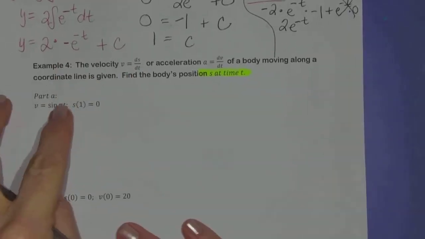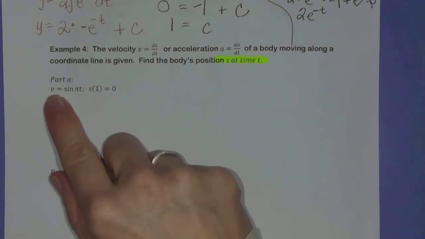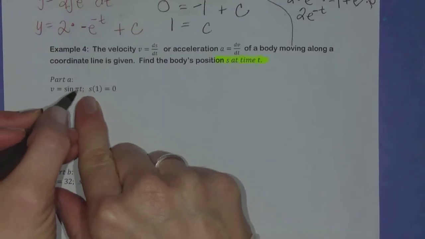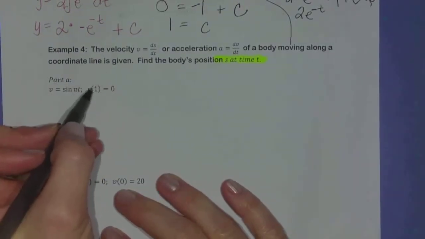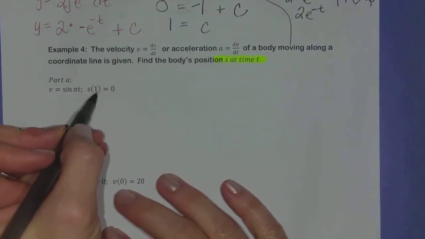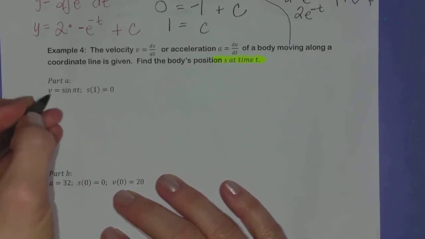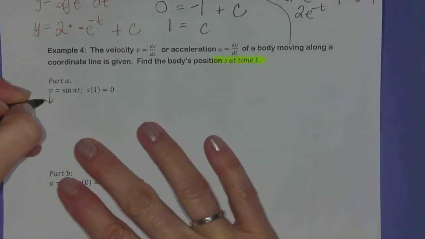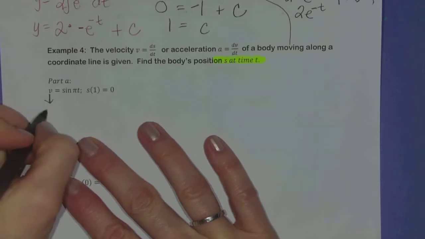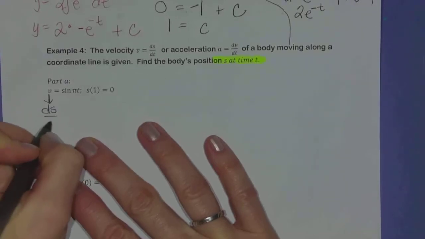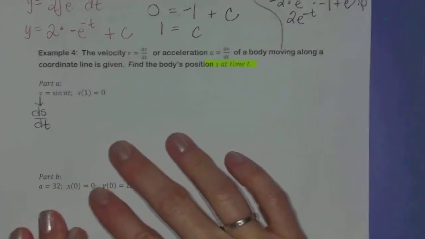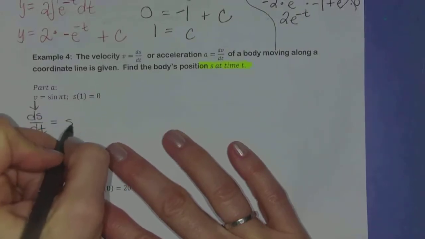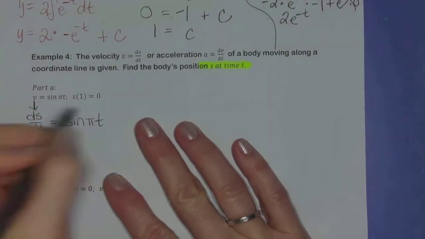So look at part A. It's giving me velocity as sine of pi t, and it's giving me an initial value here, s of 1 equals 0. So the first thing I'm going to do is rewrite v as the derivative of s with respect to t. And I'll set that equal to sine of pi t.